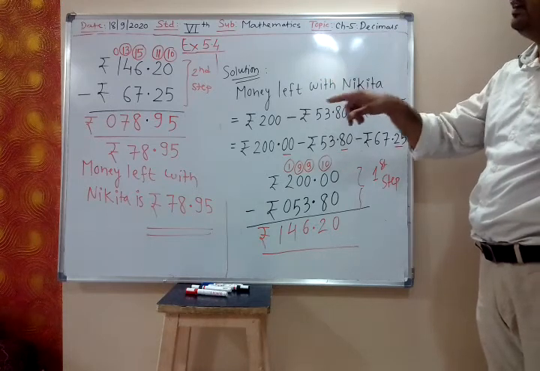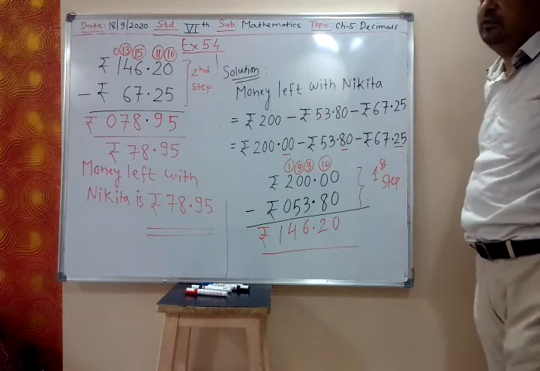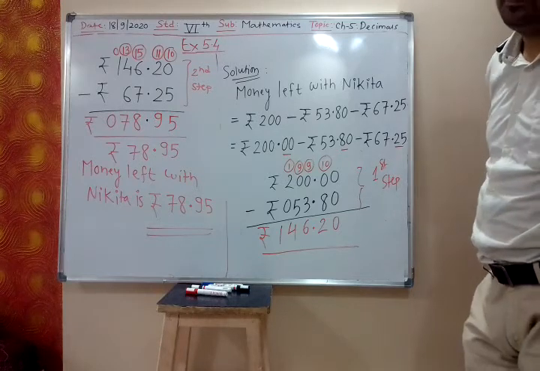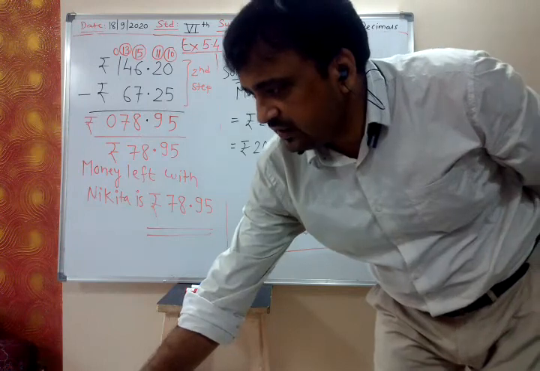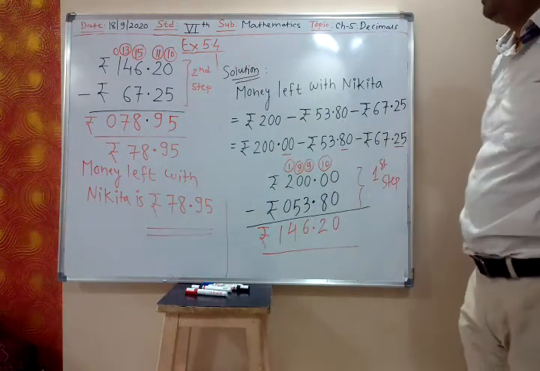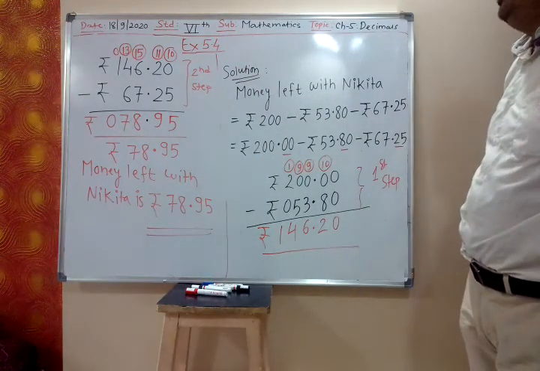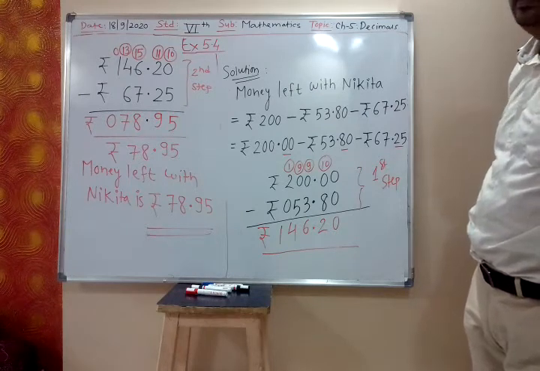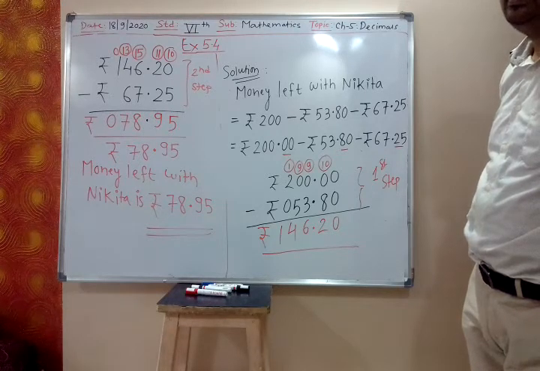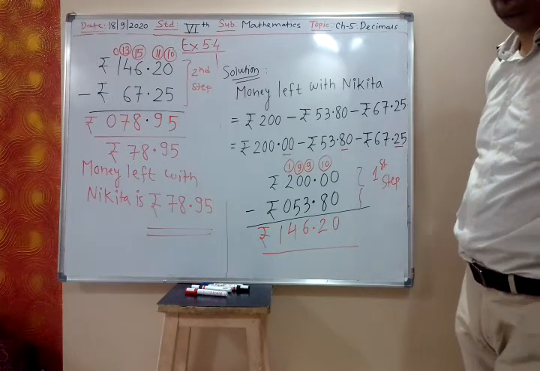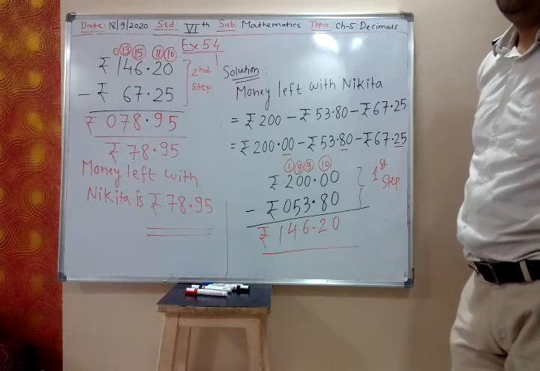So the remaining final amount is 78 rupees 95 paise. 0.95 means it is 95 paise. So the money left with Nikita is 78.95. And this decimal addition and subtraction is very important.